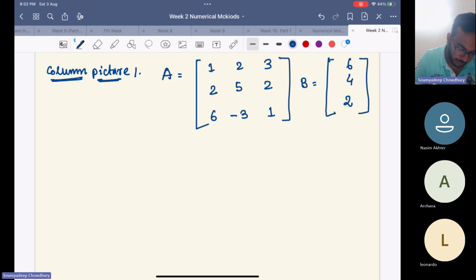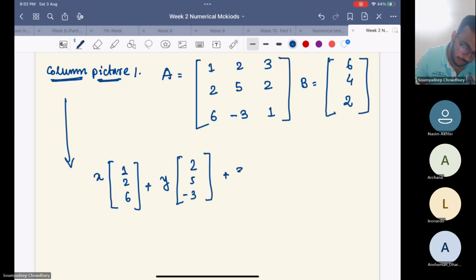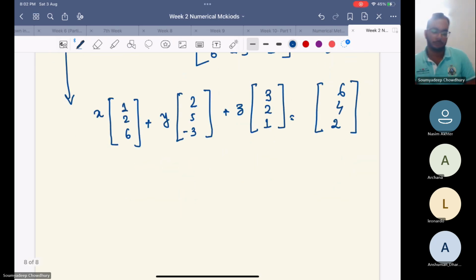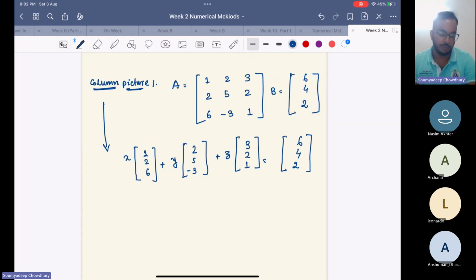So if you write the column picture, it is x into 1, 2, 6 plus y into 2, 5, minus 3 plus z into 3, 2, 1. So this is the column picture form of representation of these three equations, right?